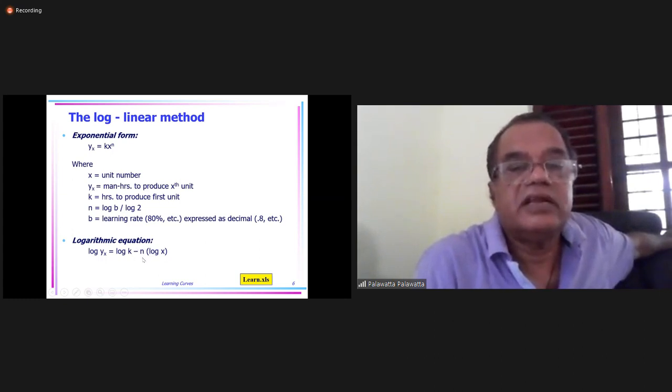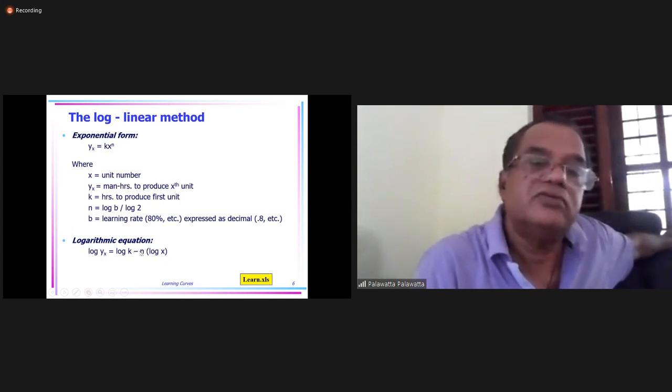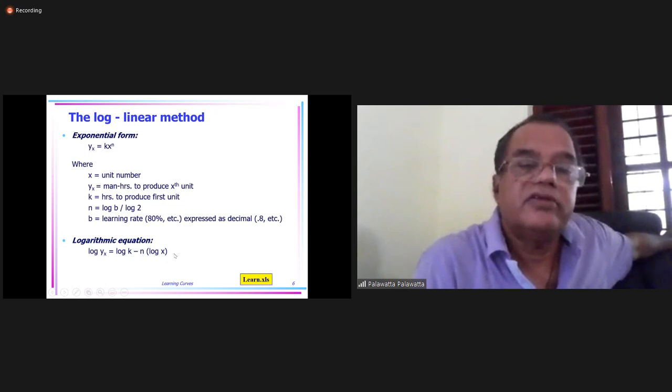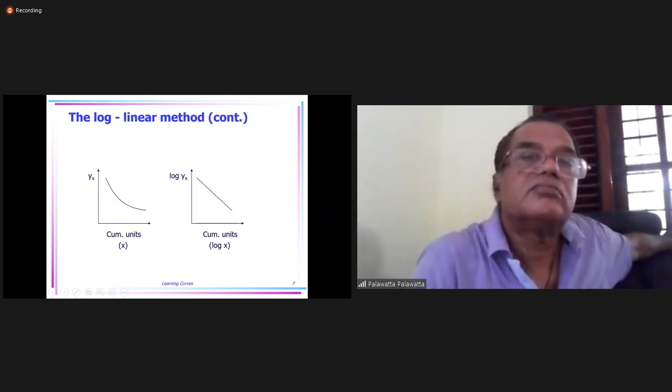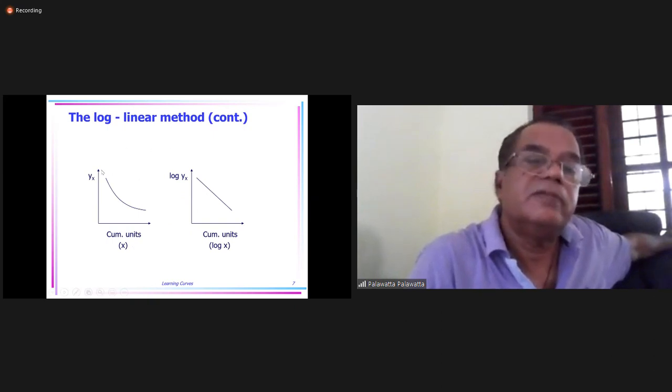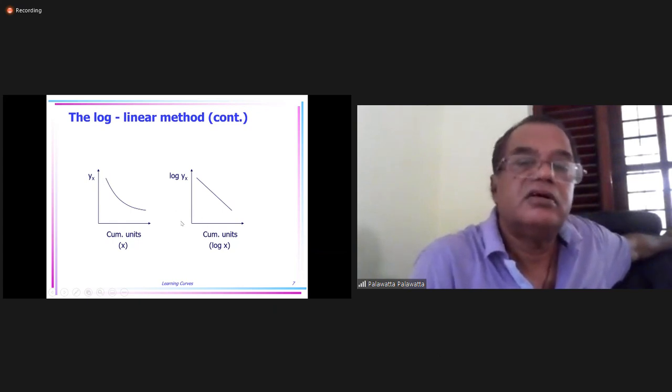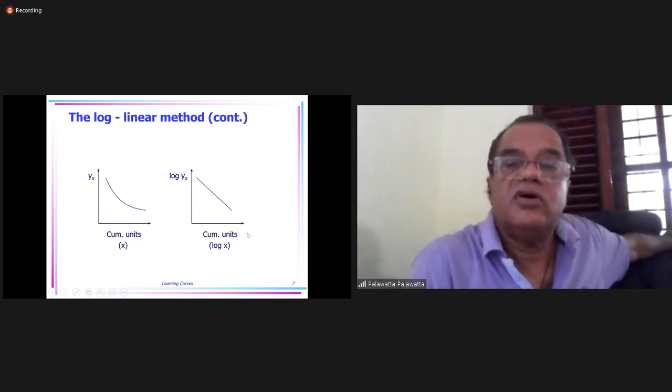But since n is going to become a negative one, this should be a negative one. So then the cumulative units produced, the shape will be like that. In log terms, you get a straight line.